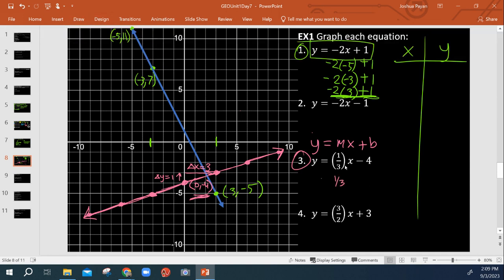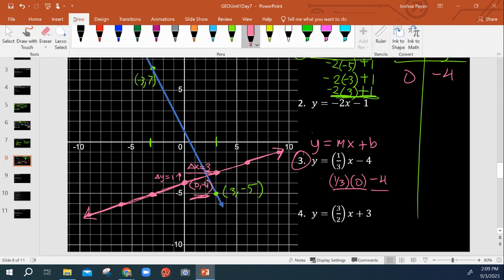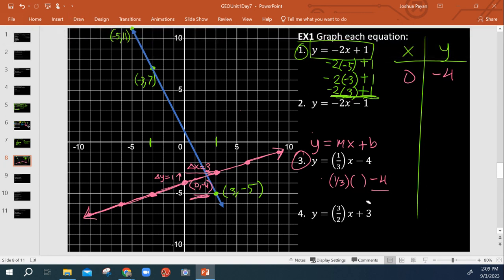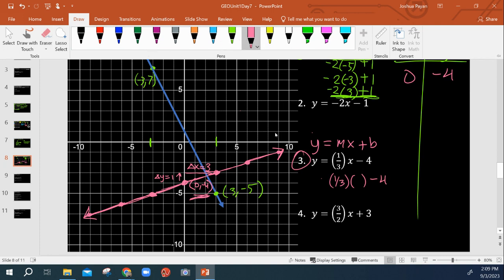When x is 0, y should be -4, because we have that point right over here. So 1/3 times 0 is 0. 0 minus 4 is, in fact, -4. Hey, it works. Well, let's try it with another arbitrary point that we see here on the graph, on this side.